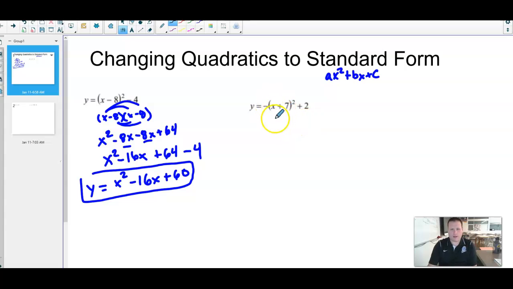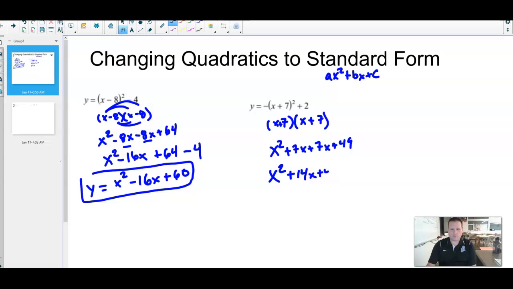If I look at this one on the right, I'm still going to take care of this x minus 7, or plus 7 first. x plus 7. And so when I crab hand that, I'm going to get x squared plus 7x plus 7x, and then plus 49, which is actually x squared plus 14x, and then plus 49. Now this one's a little bit tricky.